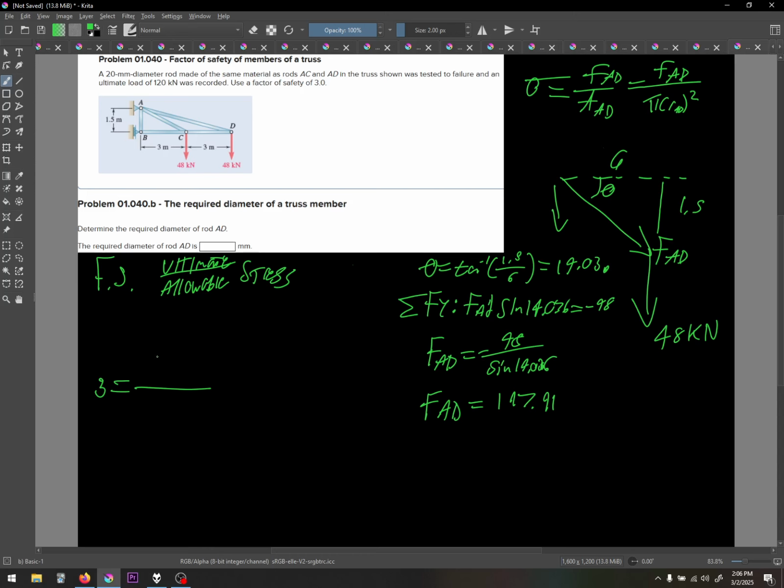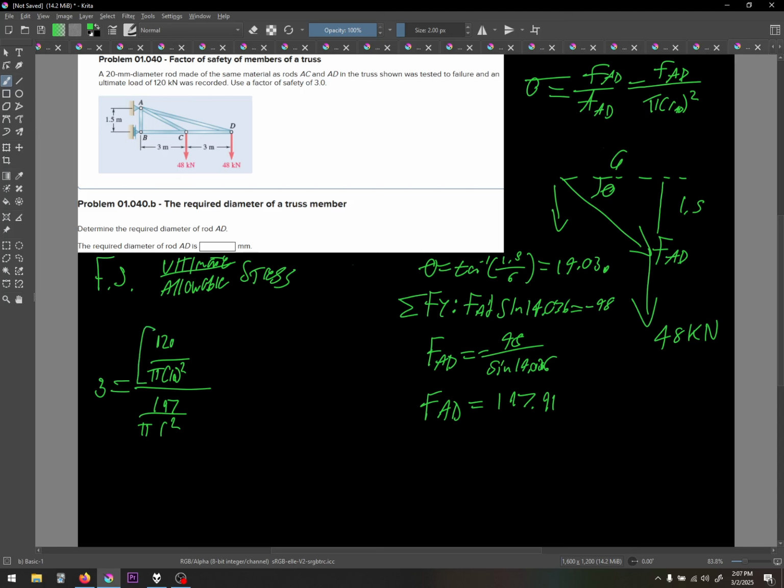Now they say that the factor of safety is 3, and the ultimate stress is going to be 120 kilonewtons. We know the stress formula is 120 kilonewtons over pi times 10 squared. We know this because the diameter is 20 and the radius of 20 would be 10. So area here would be pi times 10 squared. And then we have here 197 over pi times r squared.